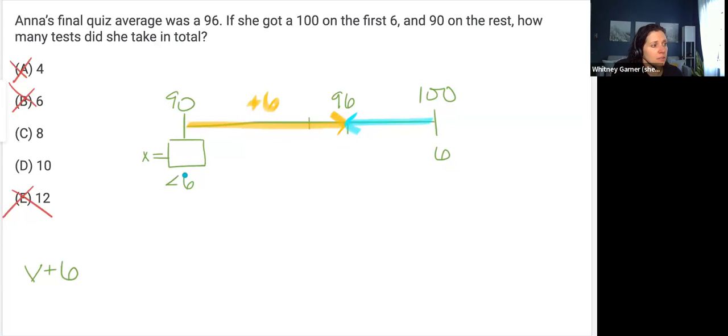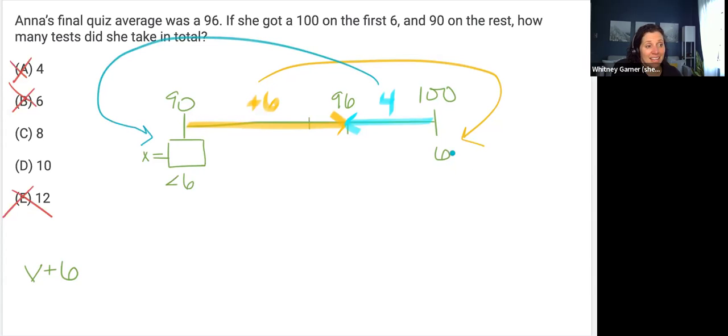On the other end, whatever's down here was able to pull the average 4 in its direction. So this ratio 6 corresponds to this end, while 4 corresponds to this end.